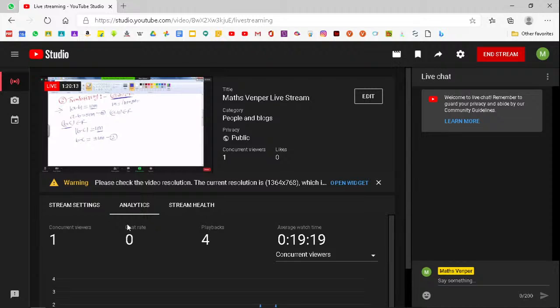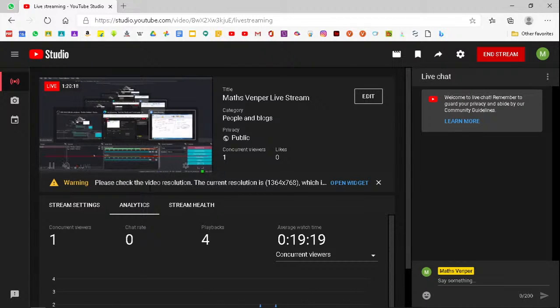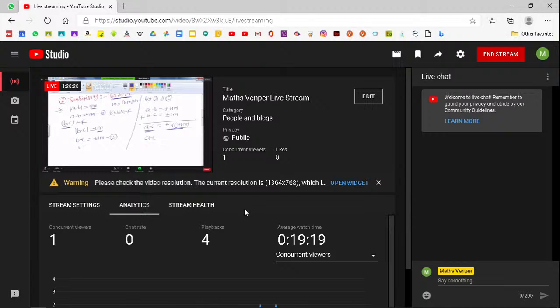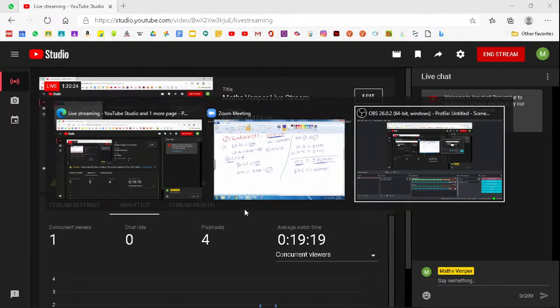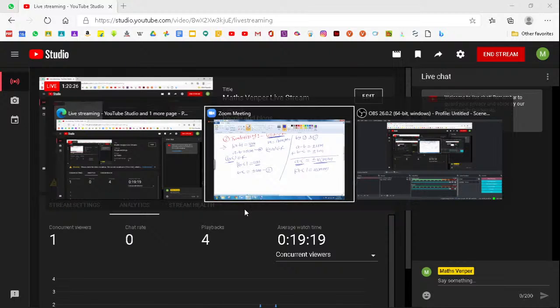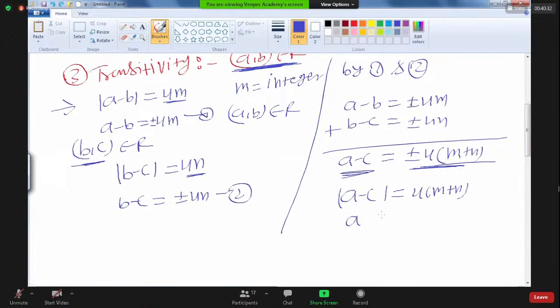So I can say that modulus of a minus c is 4 times m plus n. I'm doing the reverse thing, and this is also a multiple of 4. a minus c is also a multiple of 4. So by that logic, a and c will also be part of my relation.